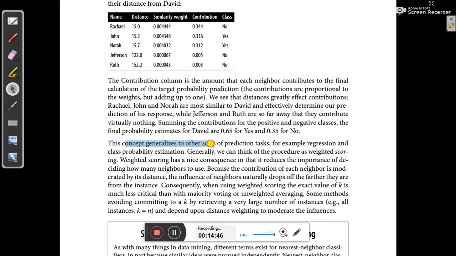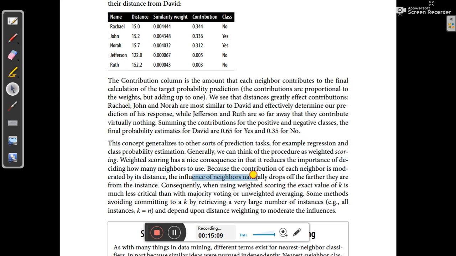This concept generalizes to other sorts of prediction tasks, for example regression and class probability estimation. Generally, we can think of the procedure as weighted scoring. Weighted scoring has a nice consequence in that it reduces the importance of deciding how many neighbors to use, because the contribution of each neighbor is moderated by the distance.